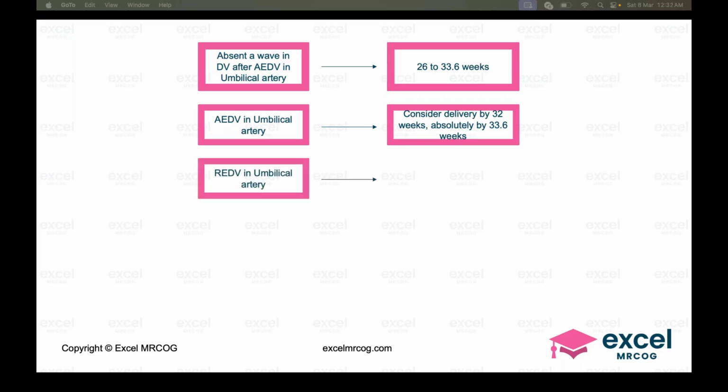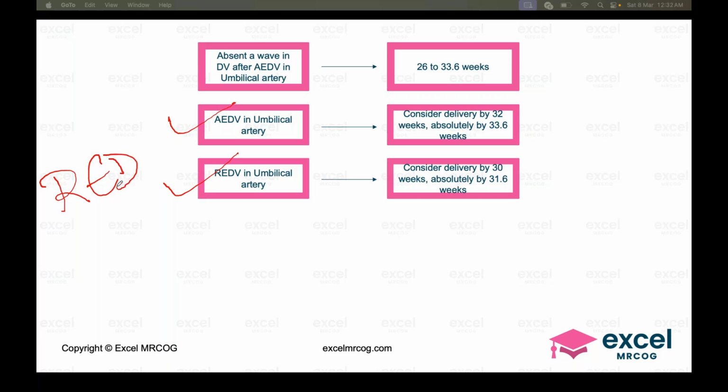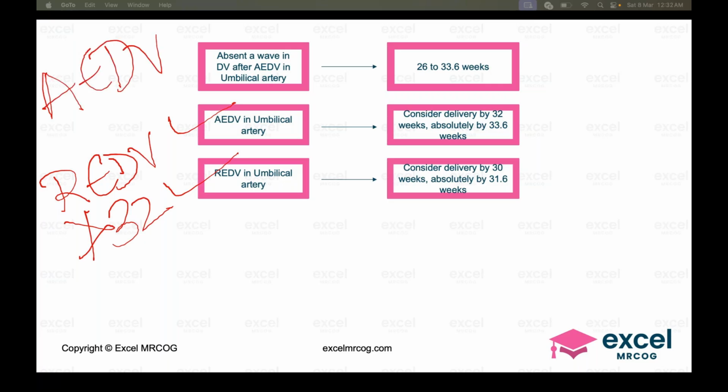Reversal of umbilical artery, this is absent, this is reversal. Reversal is 2 weeks lesser than absent. That is, consider by 30 weeks, absolutely by 32 weeks. So if it is reversal, you will never go beyond 32 weeks. If it is absent, you will never go beyond 34 weeks.